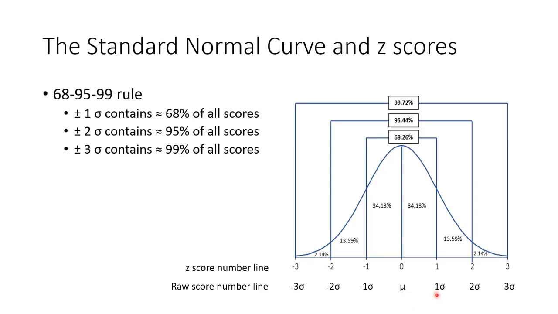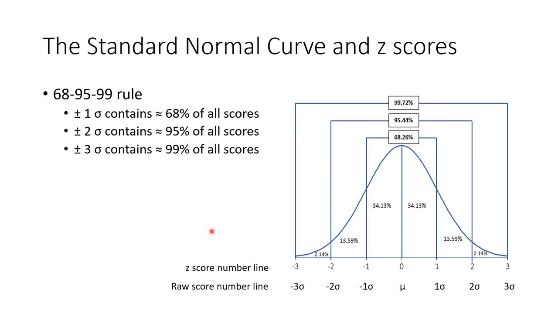So between what we will soon learn are z-scores, between a z-score of 1 and a z-score of -1, that contains 68.26% of the entire curve. 68.26% of all scores are between one standard deviation above and one standard deviation below the mean. 95.44 are between two standard deviations above and below, and then 99.72 are between three standard deviations above and below the mean.